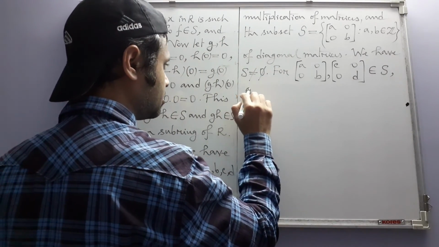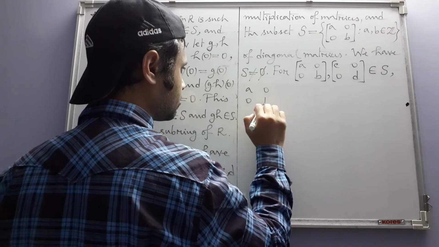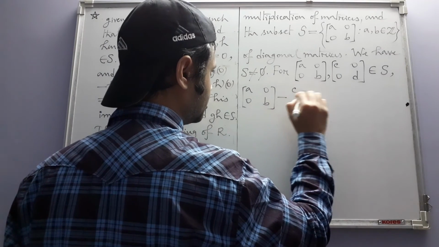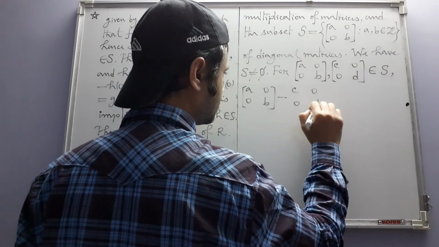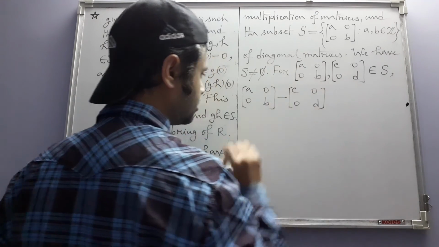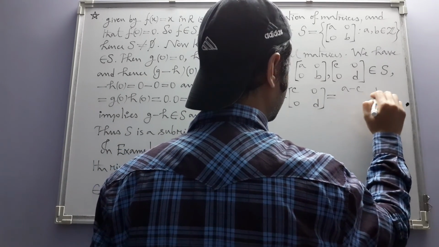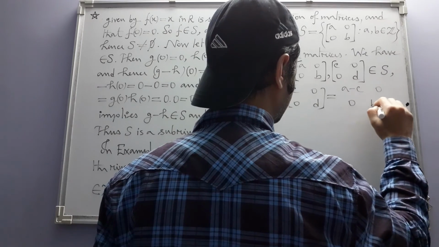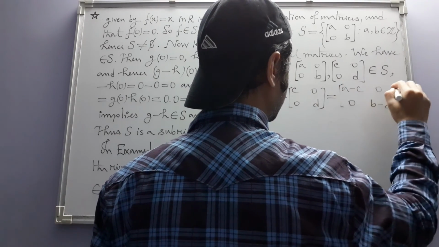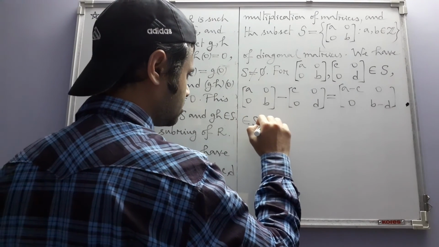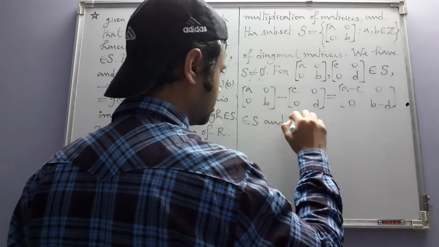For two such matrices, first of all, their difference is again a diagonal matrix, because A minus C, 0, 0, B minus D belongs to S. And what about their product?